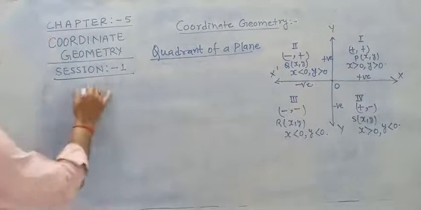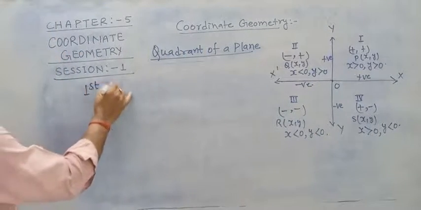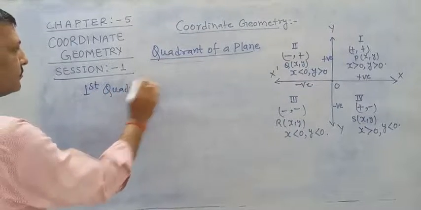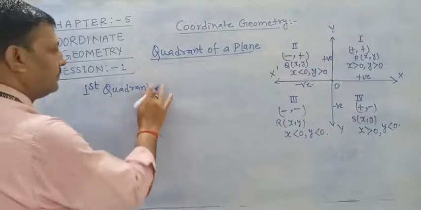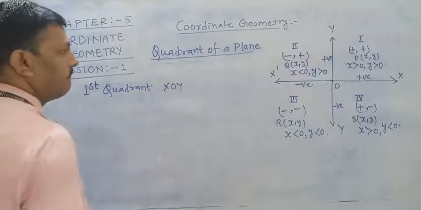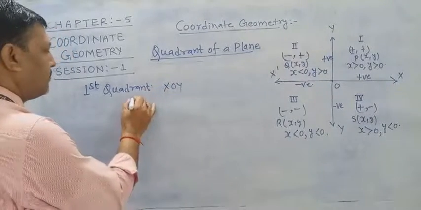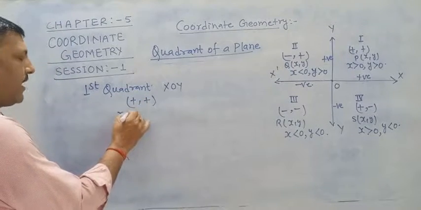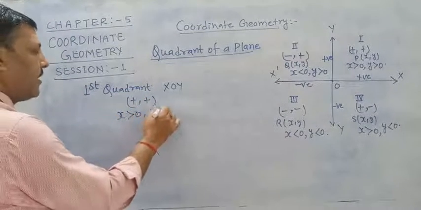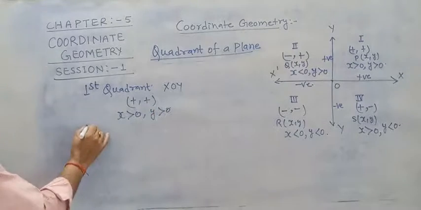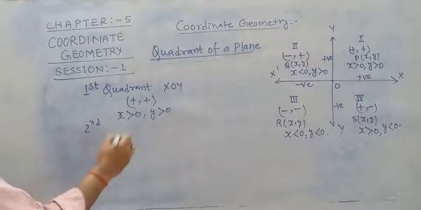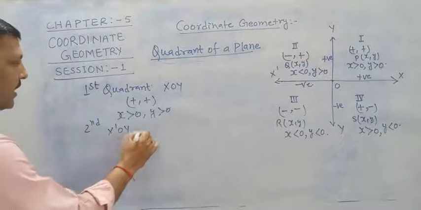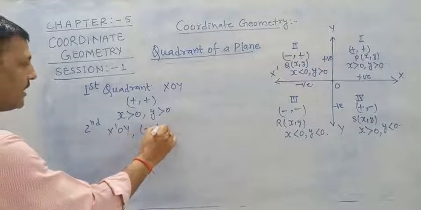So the first quadrant is XOY, in which the signs are plus and plus. For any point, x is greater than 0, y is greater than 0. In the second quadrant, X'OY, the sign significance is minus and then plus.